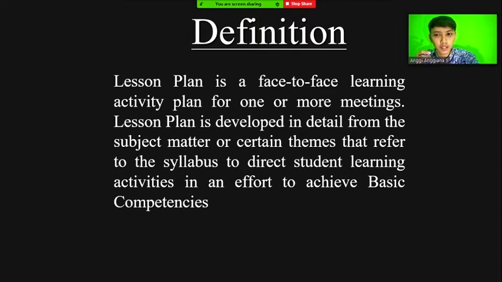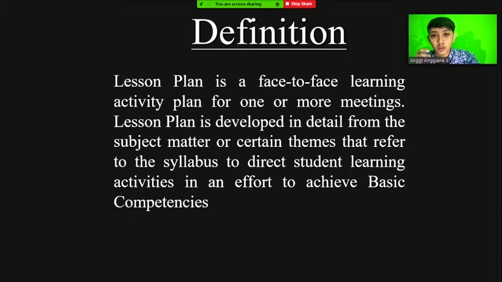Why can it be different? Because, for example, in school A, which has students with high scores, meanwhile school B has students with low scores, they can't use the same lesson plan, of course, because the teacher has to analyze the condition of the students in the school, so they have to make their own version of the lesson plan.